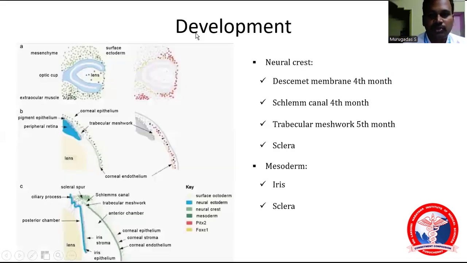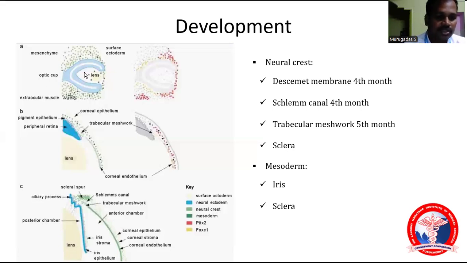So let us see the development of the eye as a whole. The parts of the eye that develop from neural crest are Descemet's membrane, which develops at the 4th month, that is 16th week; Schlemm's canal, which also develops at the 4th month, 16th week; trabecular meshwork at the 5th month, 20th week; and sclera. These are the structures that develop from the neural crest.